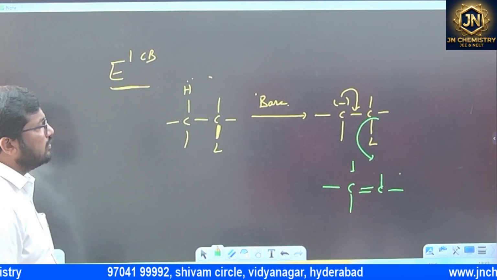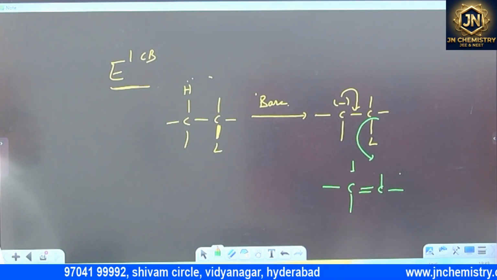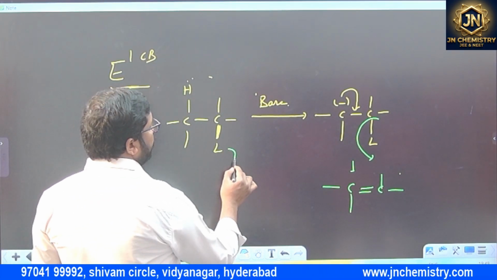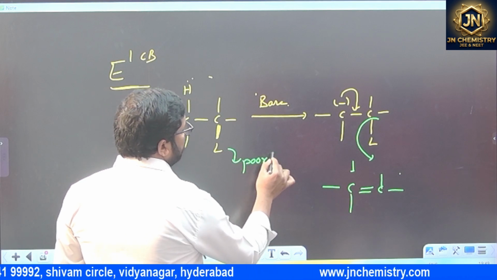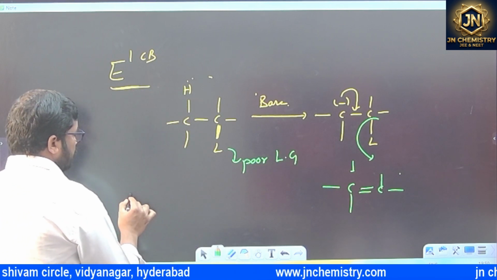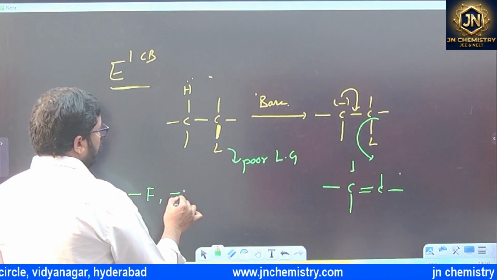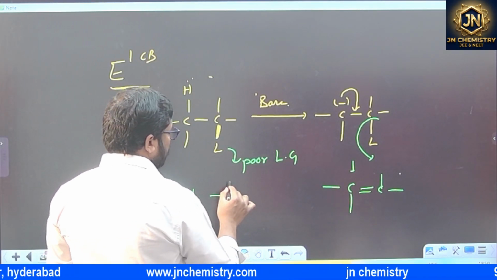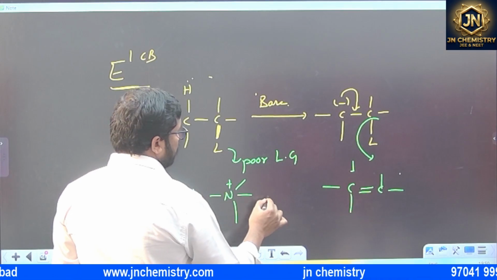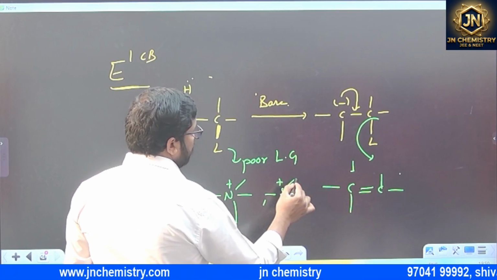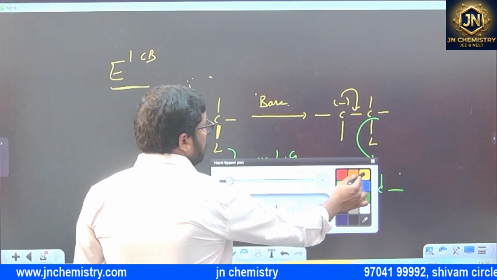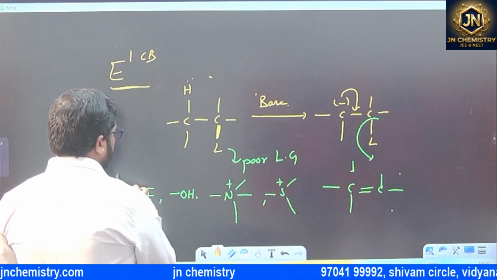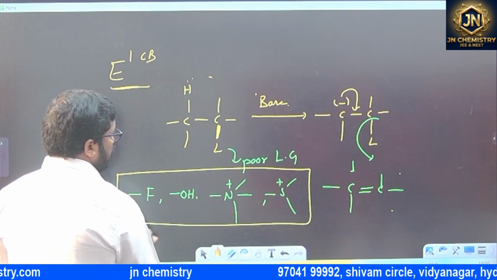Write it down. What is the leaving group? It should be a poor leaving group, like fluorine or OH. These we will use as poor leaving groups.